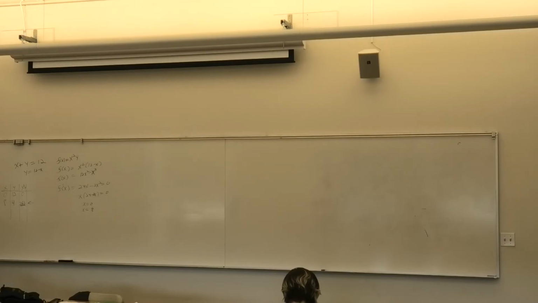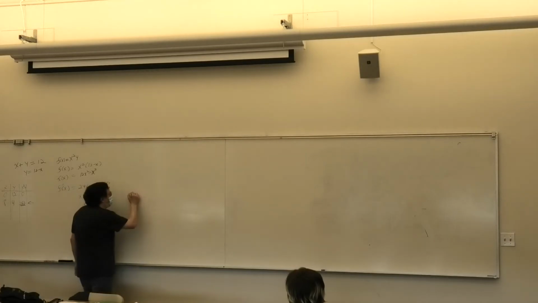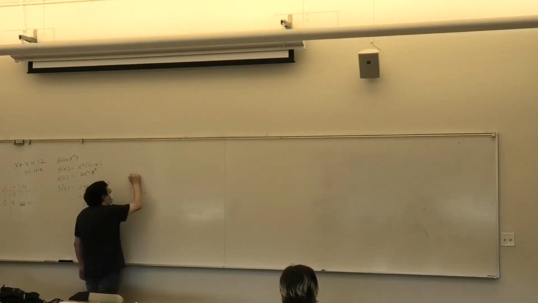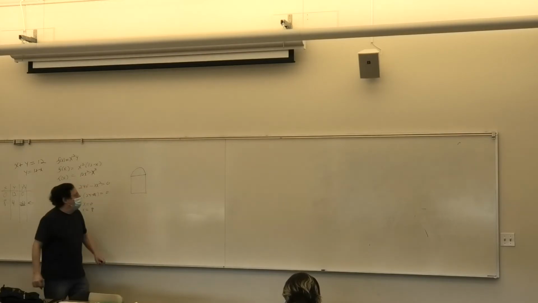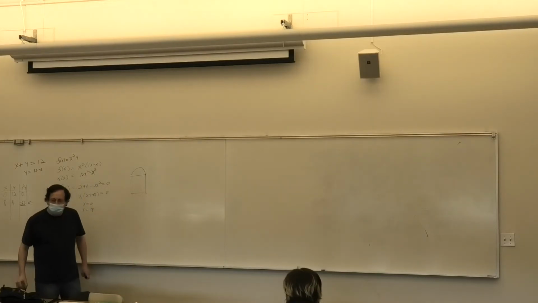Okay. So this is obviously the maximum. So that's an optimization problem without any geometry. Yay! But take a look at that problem we did with that kind of window, the radius window.